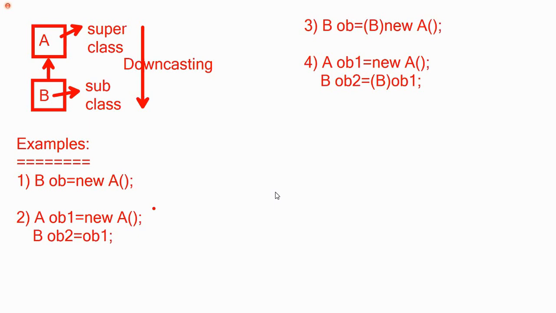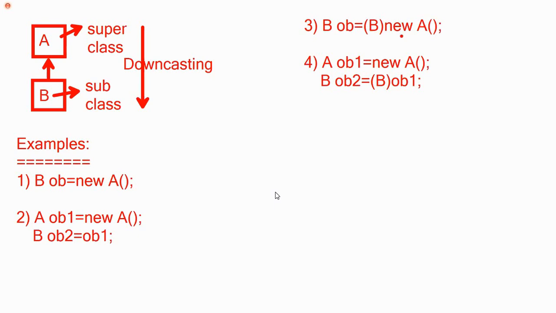Then memory is allocated to only superclass members. Is there any B memory? B memory is not there. Even if we convert explicitly, no use. Here we are forcibly converting, but it is not converted. There is no memory.